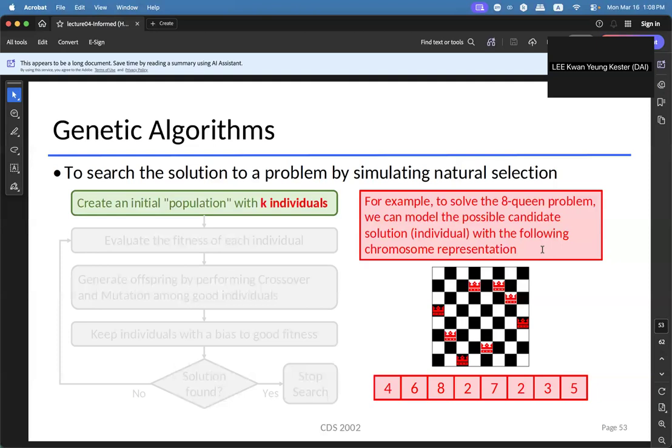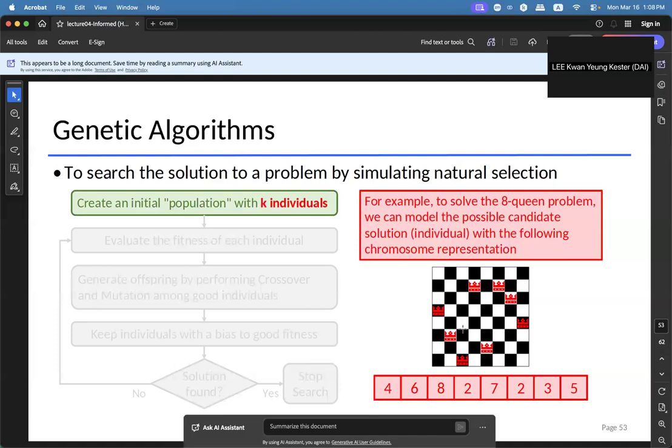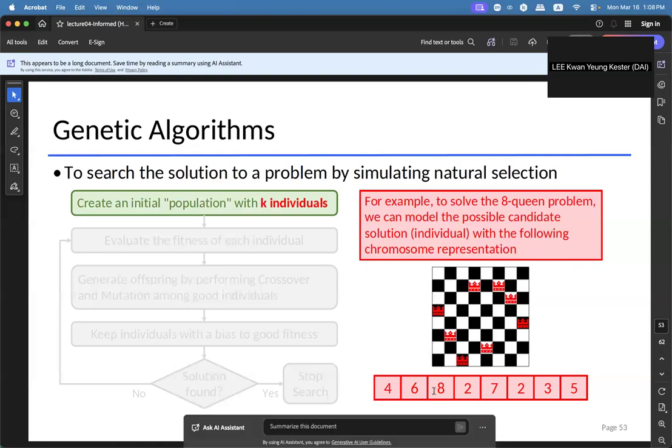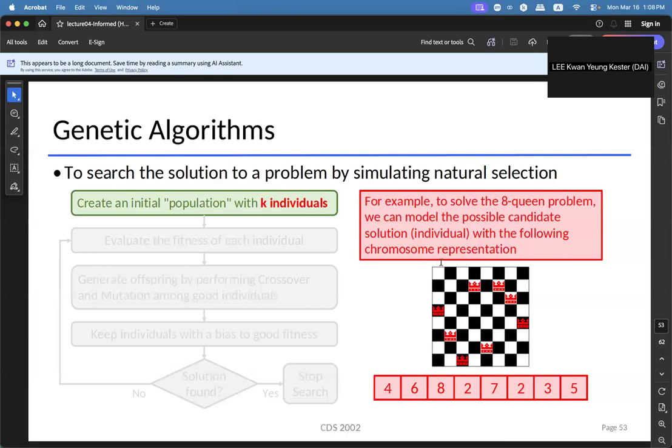So for example, the first value in the vector is indicating the row positioning of the queen in the first column. The second value in the vector is representing the positioning of the queen in the second column, and so on.